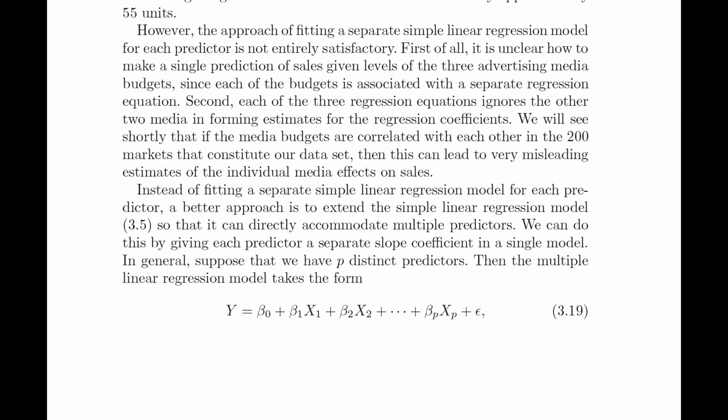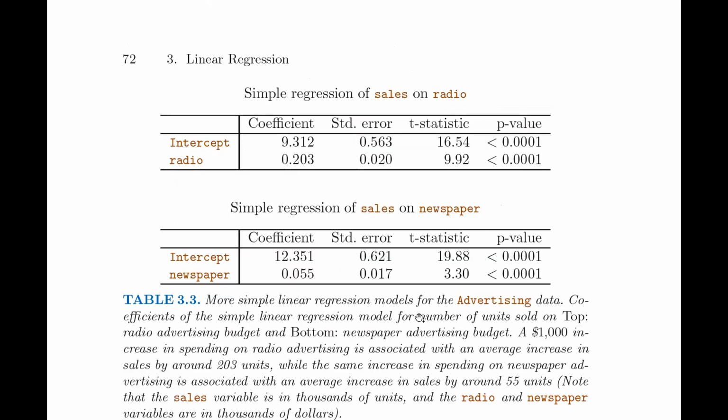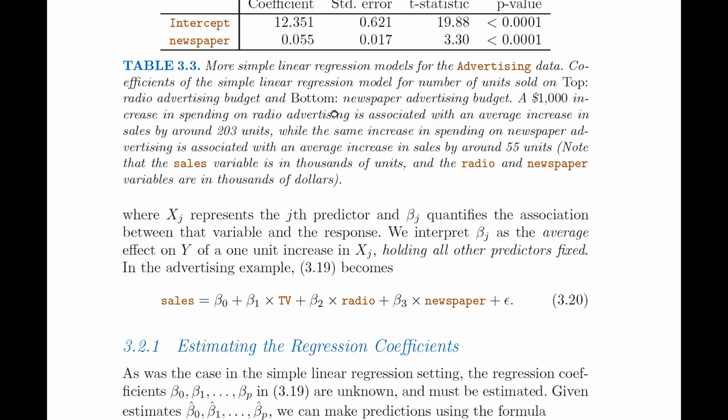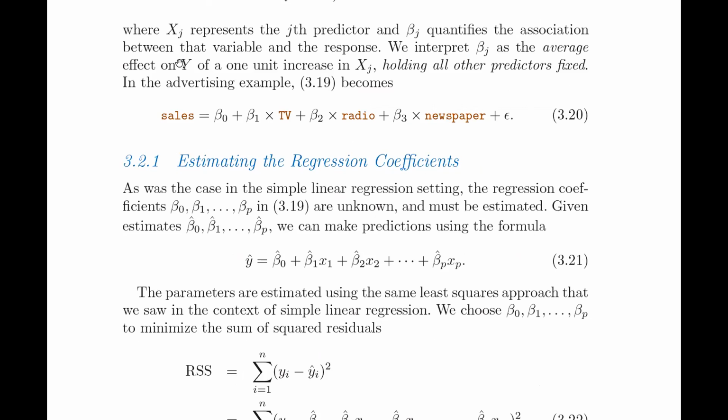So now we don't just have beta 1. We also have beta 2 until beta p, where xj represents the jth predictor, and beta j quantifies the association between that variable and the response.